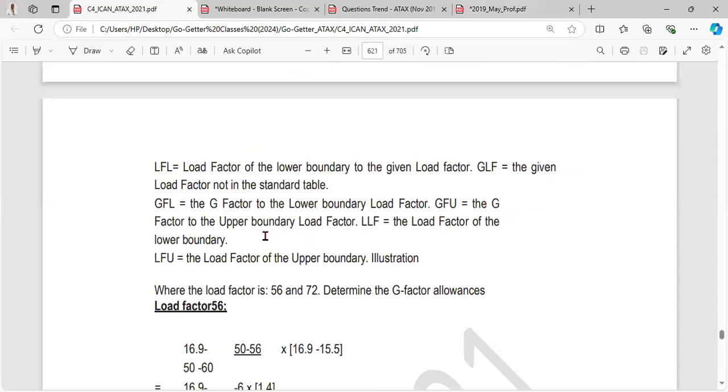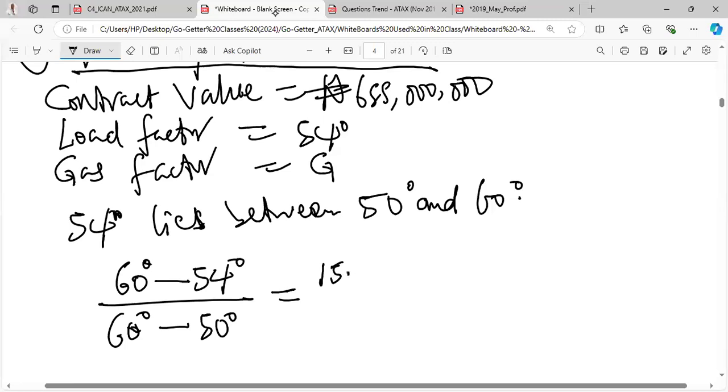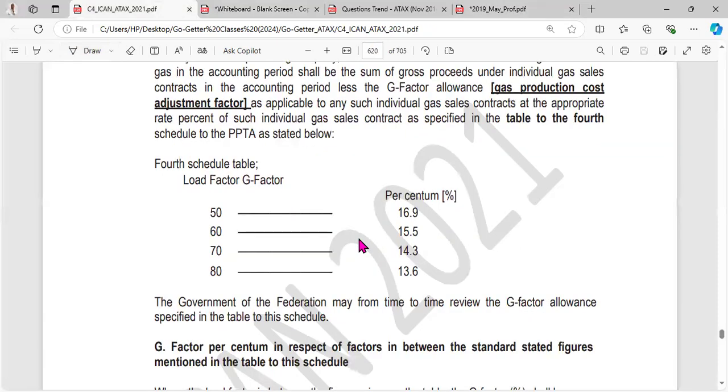So 60 is 15.5. This is 15.5 minus G. Yeah, 60 is 15.5, yes. 50 is 16.9.